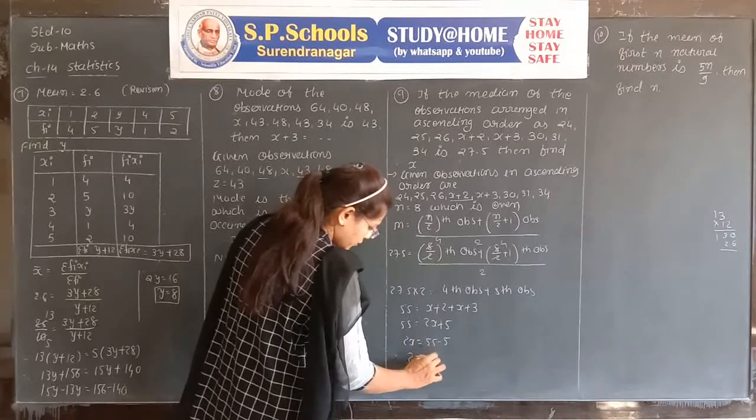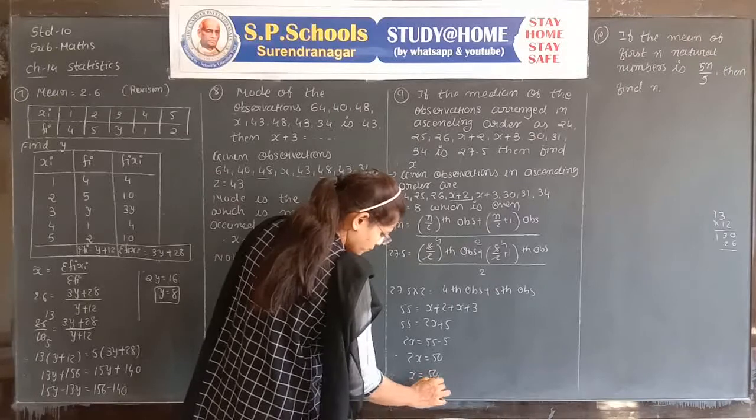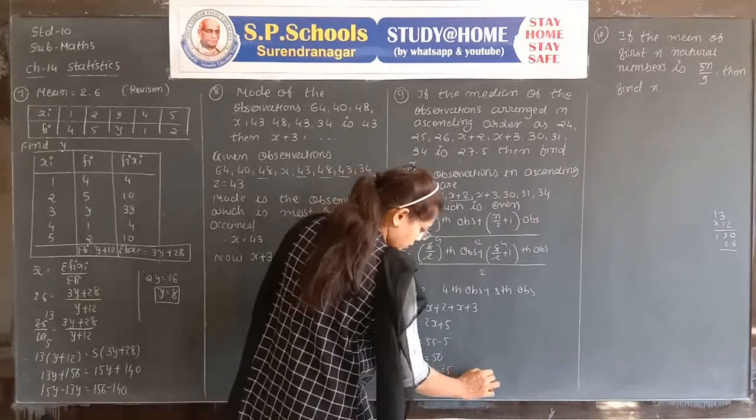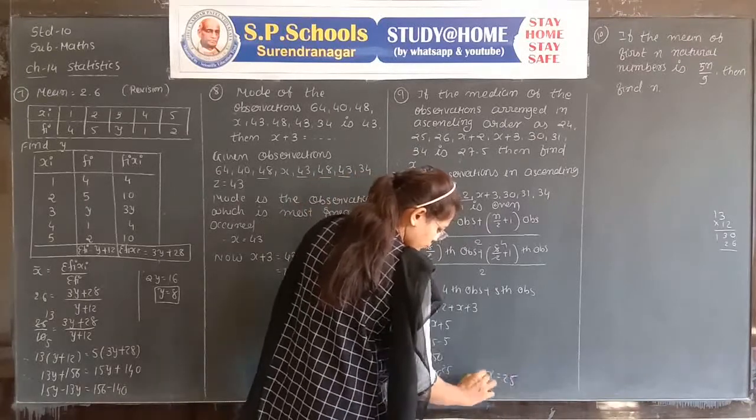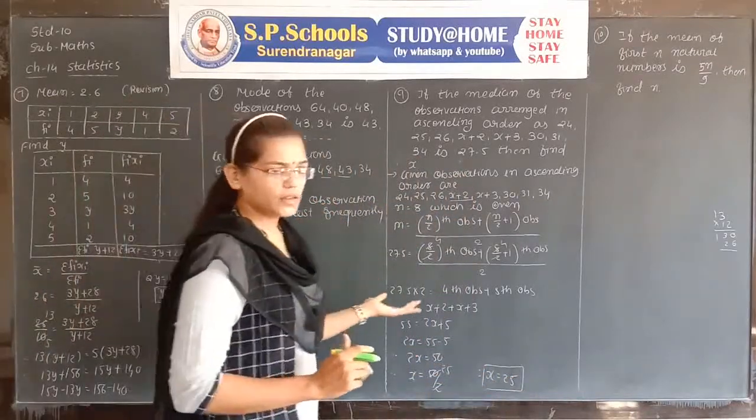Therefore, 2x is equal to 50 and the value of x is 50 upon 2. 2 25s are 50, therefore x is equal to 25. Value of x is 25.